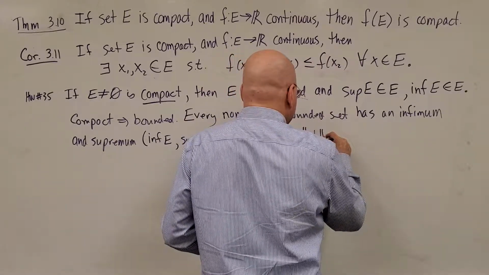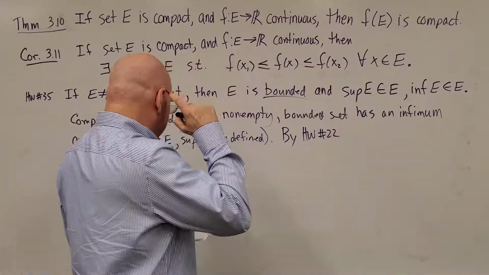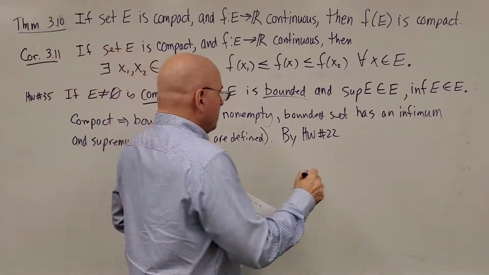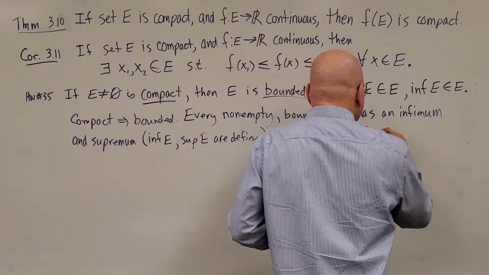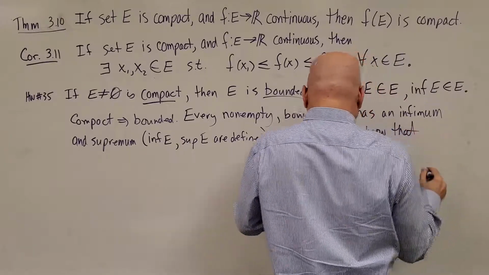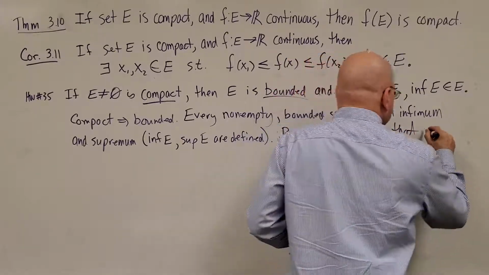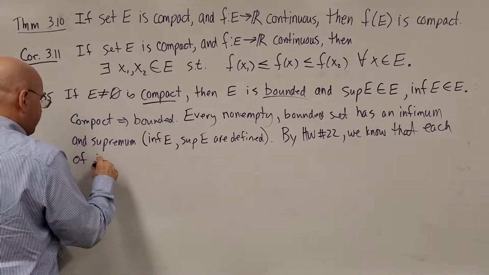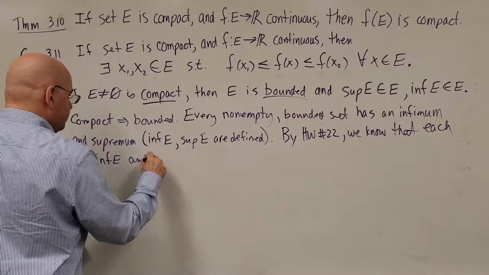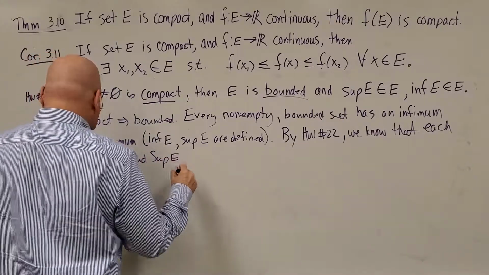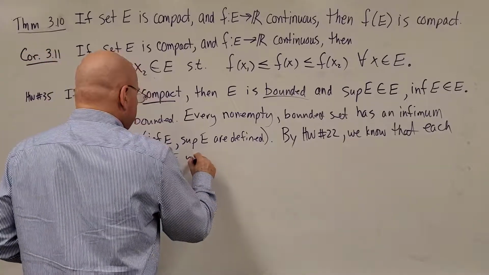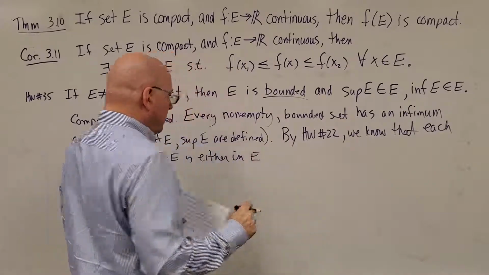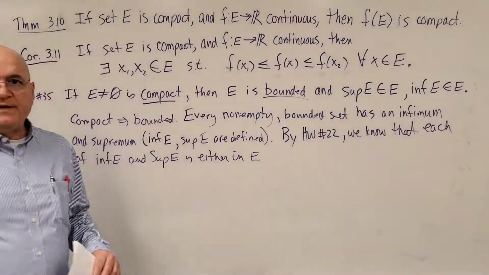By homework number 22, that was in chapter 1, we know that each one of the infimum of E and supremum of E is either contained in E or is an accumulation point of E.